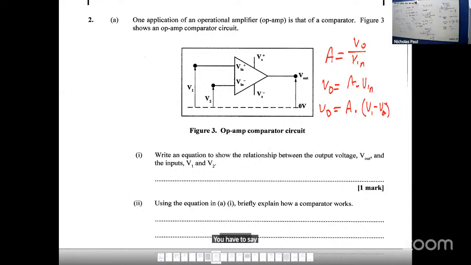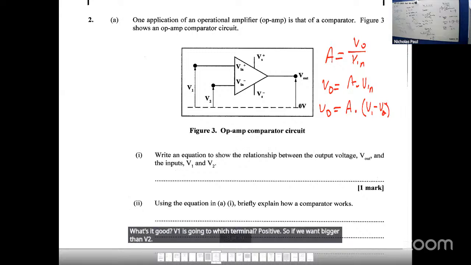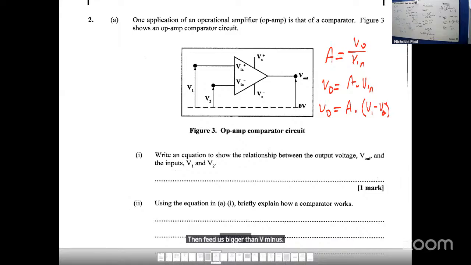When V1 minus V2 is positive, V out is what? Positive Vs or minus Vs? V1 is going to which terminal? Positive. So if V1 is bigger than V2, then V plus is bigger than V minus, so your output will be the maximum, positive Vs. And if it's negative, it will be minus Vs.